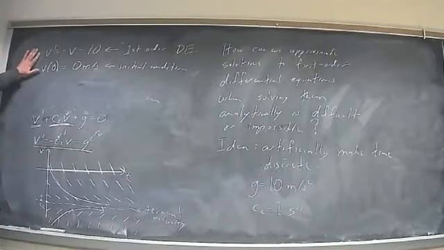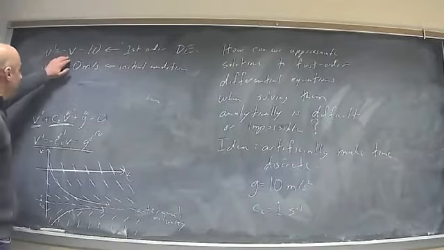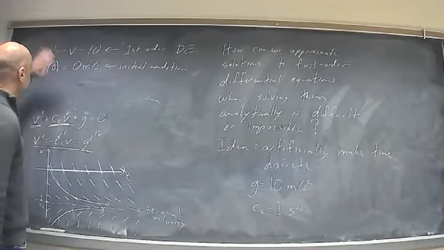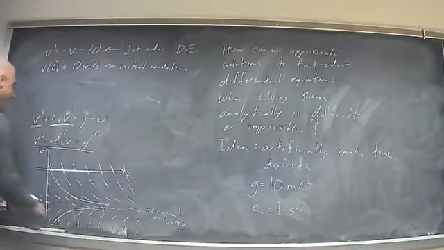We actually do have the tools. I'd have to change from v to some artificial variable, like q equals v plus 10, and plug that in, right? And I could go ahead and solve it that way. But let's not do that.